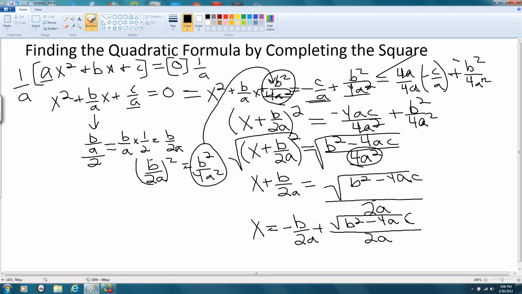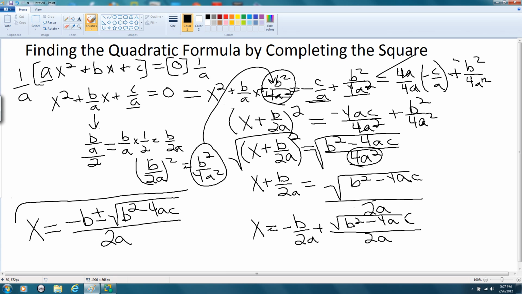But we have a common denominator here, so I can add these together. I'm going to put it over on the left here because this is going to be so dramatic. We're going to have x is equal to the opposite of b plus or minus the square root of b squared minus 4ac, all over, because we have this common denominator, 2a.